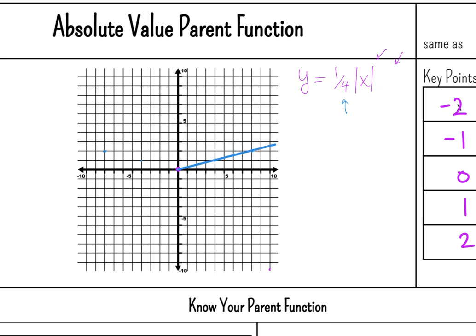So then this is what a compression looks like. It's y equals 1/4 absolute value of x. That's what we just did. And then one more, we'll do a stretch. What if I did y equals, let's go with 6 absolute value of x.